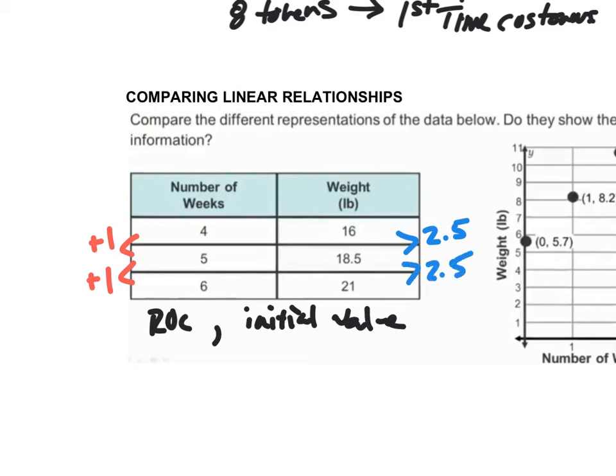So if I wanted to talk about my rate of change, this would be 2.5 pounds per week, so 2.5 divided by 1. That's my rate of change.